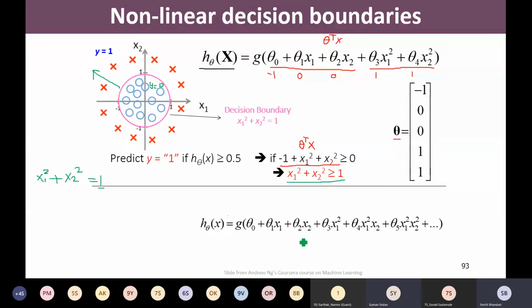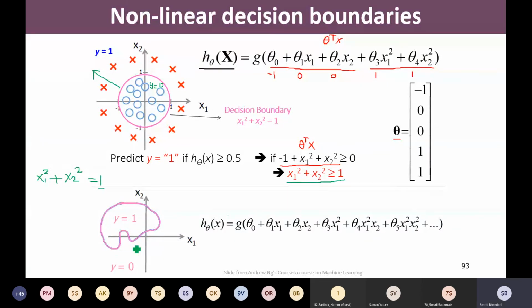We are having two features only, x1, x2. But we may have any degree for this polynomial. So we have many such terms included, and such a function may provide us a very non-linear hypothesis. So I may get a boundary like this.